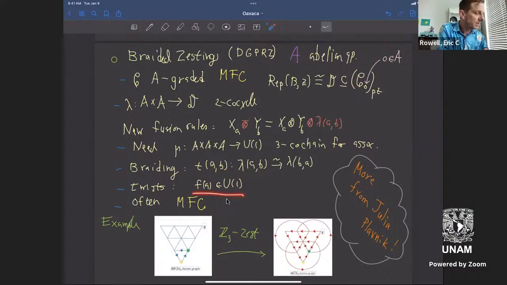The twists get adjusted. And often the result is a modular fusion category again. Now, I won't go into too many details here. Julia Plavnik, I think in some weeks, will give a talk, I think dedicated almost exclusively to braided zesting. So maybe just a preview of what she'll say.